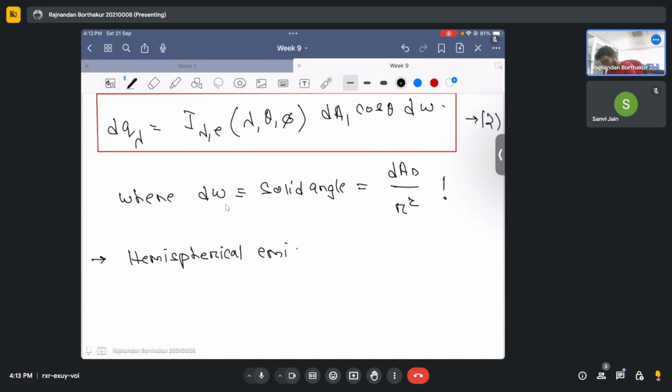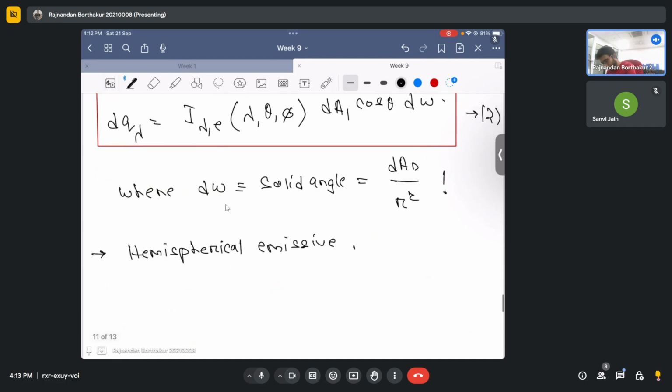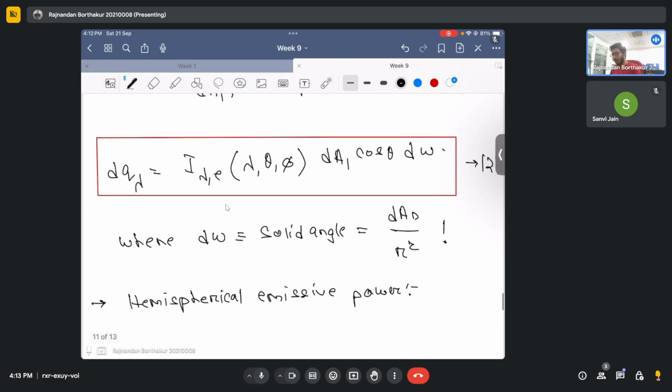Try to understand what this means. This relation is just a relationship between the radiant energy, or the spectral emissive power, and the intensity of radiation in general with respect to the normal area, that is the area from which the radiation is coming, and the solid angle d omega.